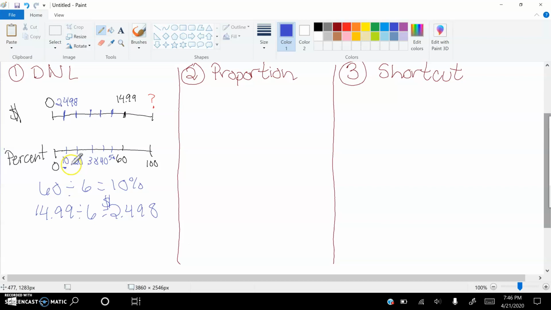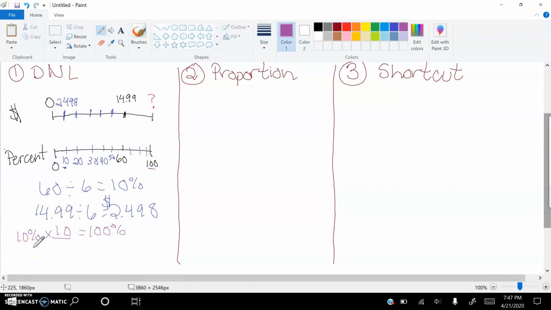So now, how do we get from 10% to 100%? Think about, what can we multiply 10% by to get 100%? What number can we multiply 10 by to get 100? Well, 10 times 10 is 100. So if we have 10%, that will get us, so 60, 70, 80, 90, that'll get us all the way to 100.